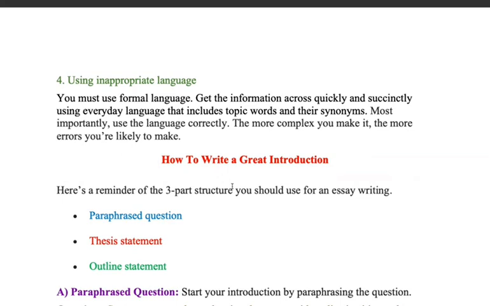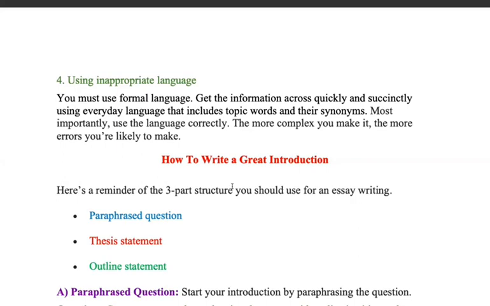Let's move on now to the next point: how to write a great introduction. Here is a reminder of the 3-part structure you should use for essay writing. That's what I've already mentioned.